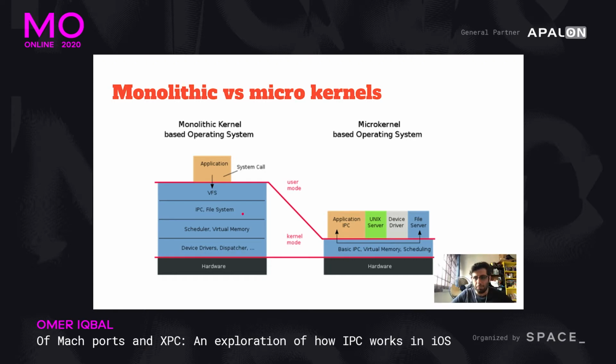So very briefly, a monolithic kernel is an architecture for an operating system where the kernel is basically doing everything. On the application side, when you make a system call, from that point onwards, everything is handled by the kernel. Let's say you're doing some network request, right?